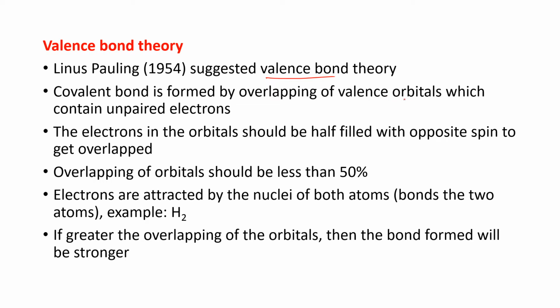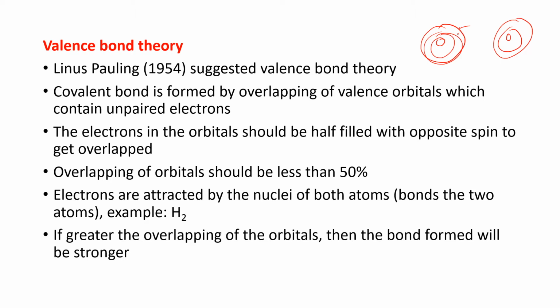These are the electrons present in the valence orbitals that contain unpaired electrons. In the previous lesson we discussed that there is the nucleus of the atom, and around the nucleus there are orbitals. The outermost one is known as the valence shell.